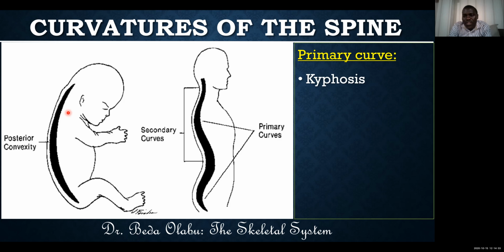The term given for primary curvature is kyphosis. The kyphotic curve is this one here, which is concave in front and convex posteriorly. It forms as a result of craniocaudal folding of the fetus.